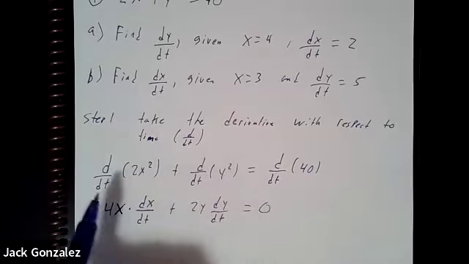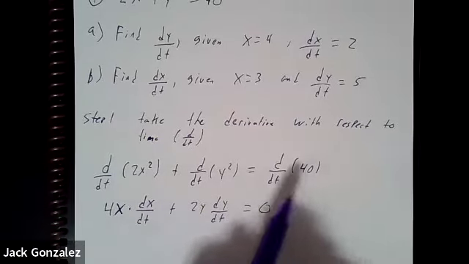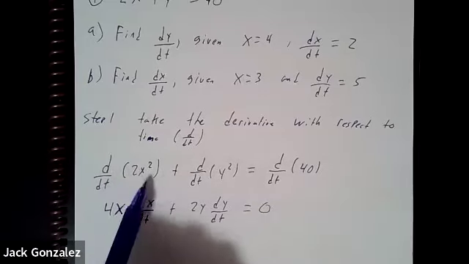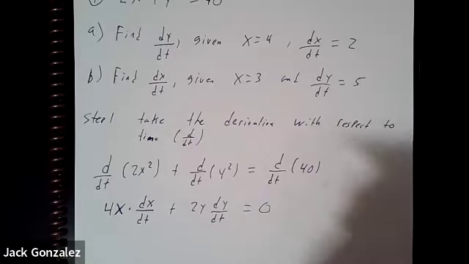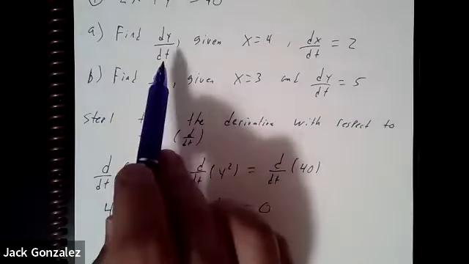So we're taking the derivative of everything with respect to a variable that's not part of the equation, right? We're taking it in terms of time. So once you do that, isolate for the part that they want.